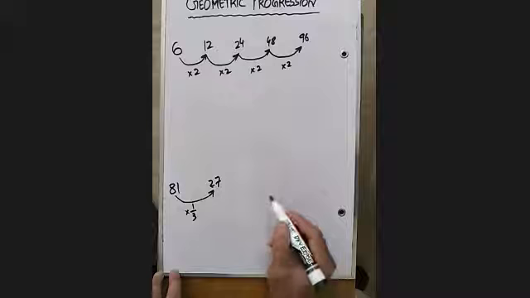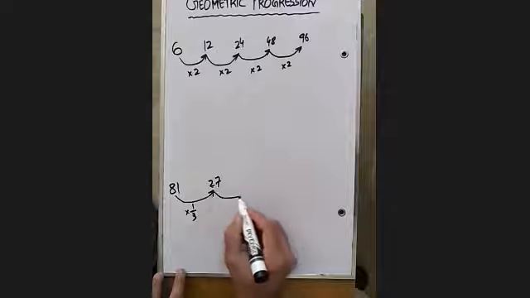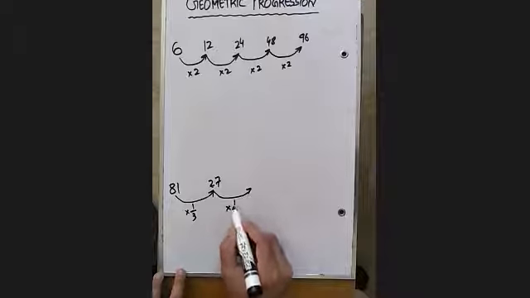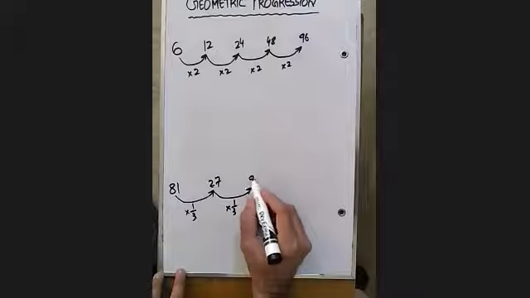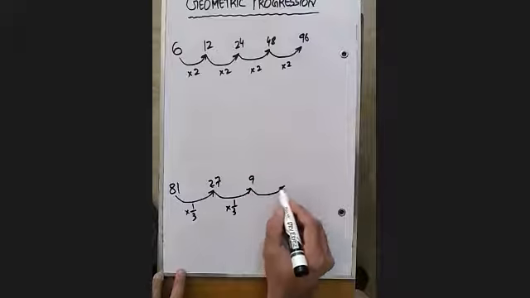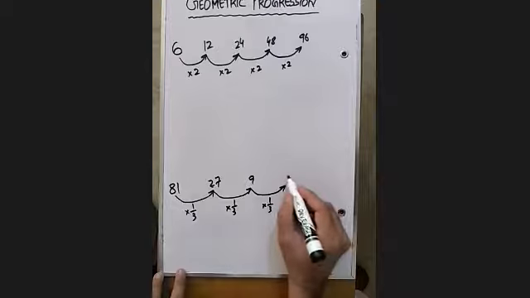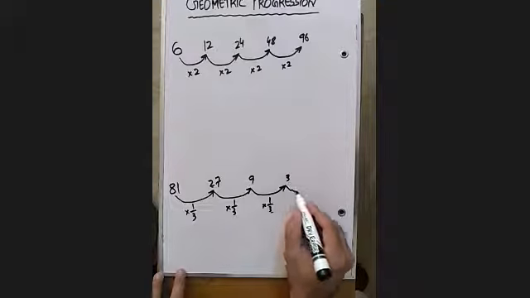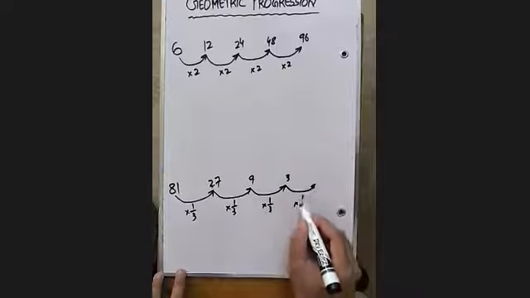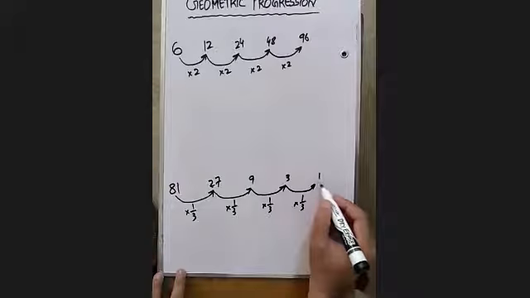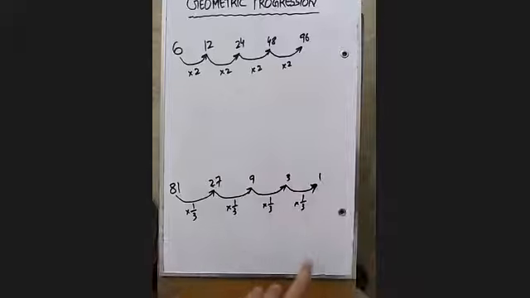I got 27. Again I multiply by 1 upon 3. I'll get the number 9. If I multiply by 1 upon 3, it is going to be 3. If I multiply by 1 upon 3, I'll get 1. So what you observe here is that I multiply by the same number and I get the next number continuously.